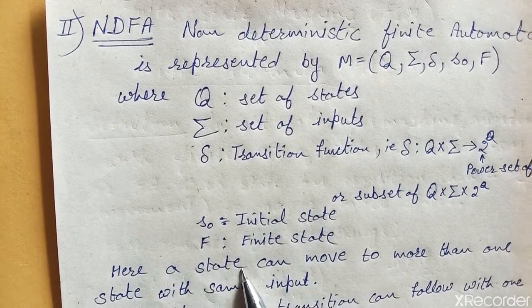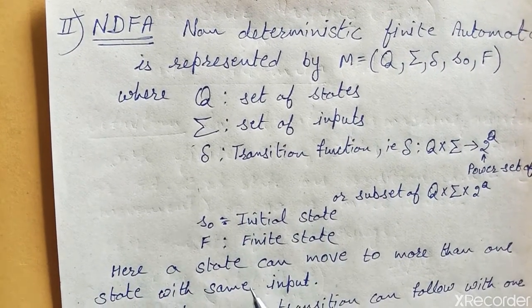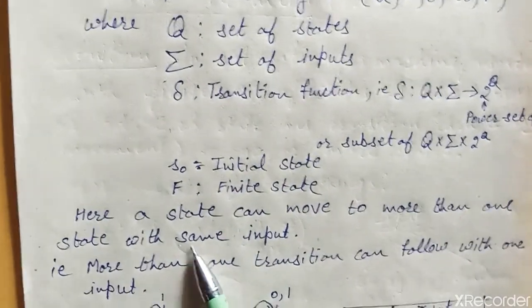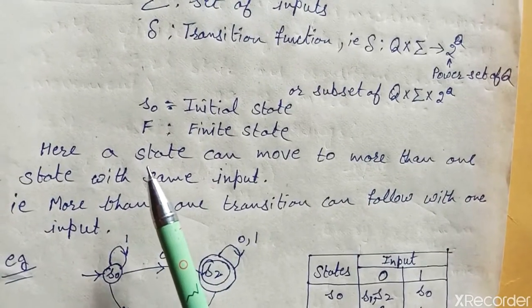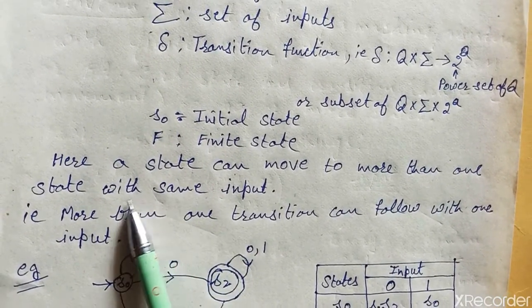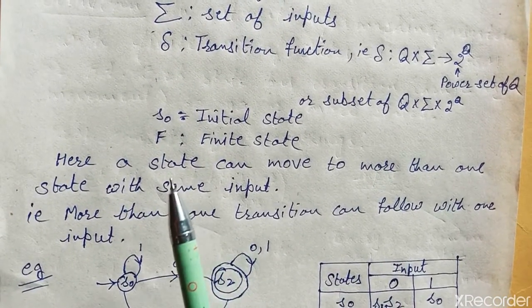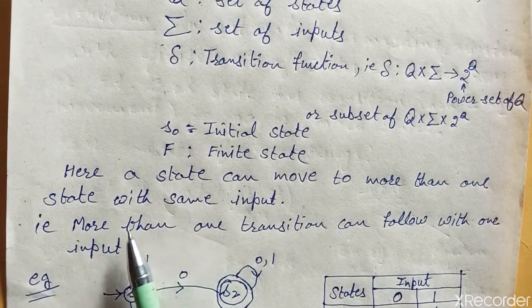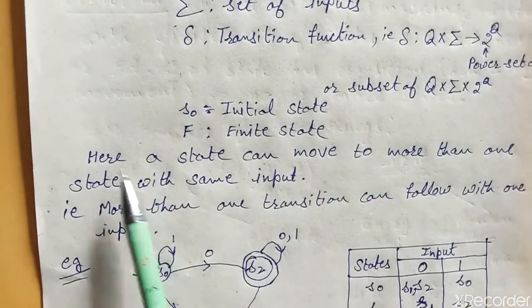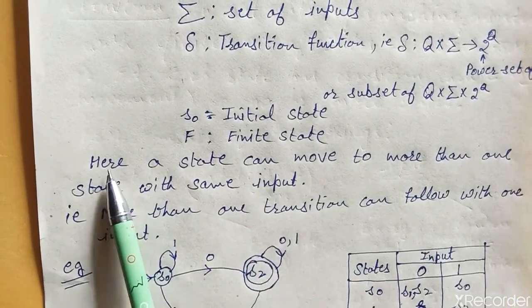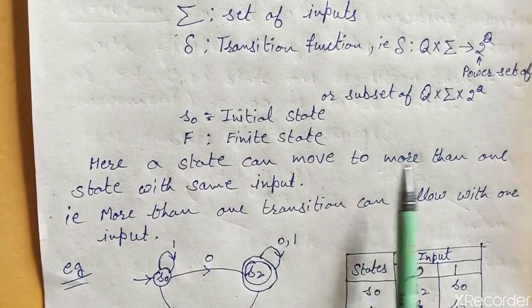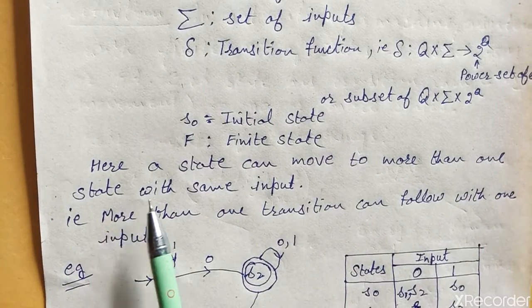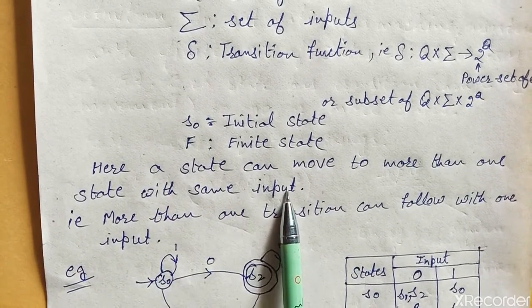Here, this is very important, and in fact this is the explanation of how a non-deterministic is different from deterministic. Here, in case of non-deterministic, a state can move to more than one state with same input.